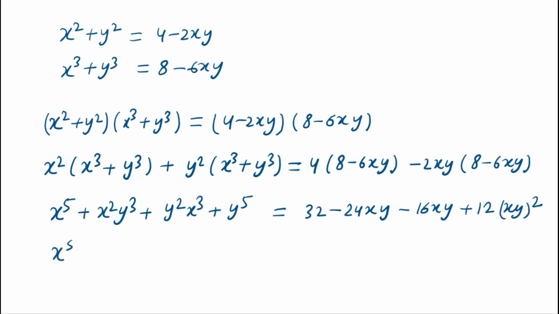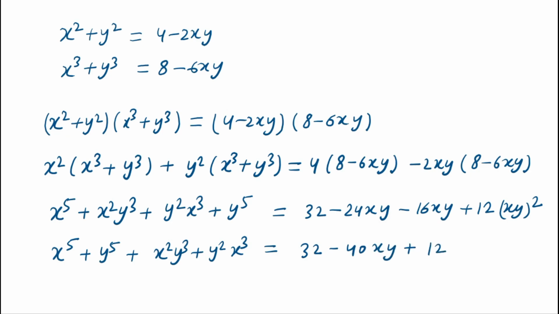So x power 5 plus y power 5 plus x square y cube plus y square x cube equals 32 minus 24xy minus 16xy, which is minus 40xy, plus 12 times xy whole square.